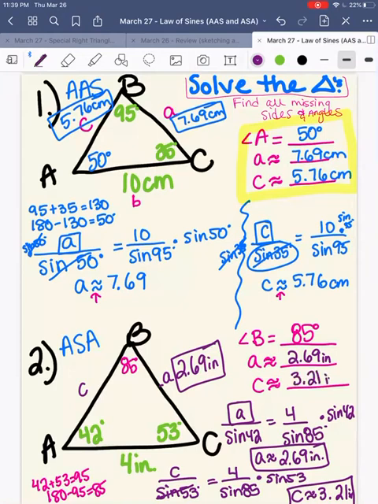Okay. And then I'm just going to check that the small matches up with the small angle, the largest side matches up with the largest angle, etc. All right, there are our answers.